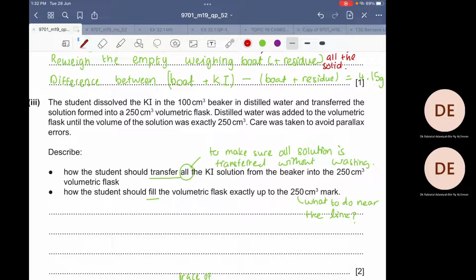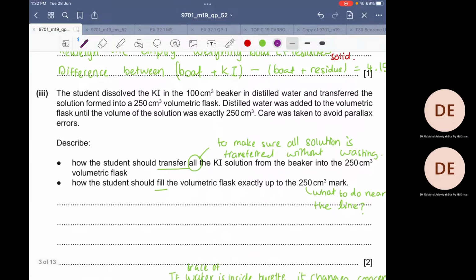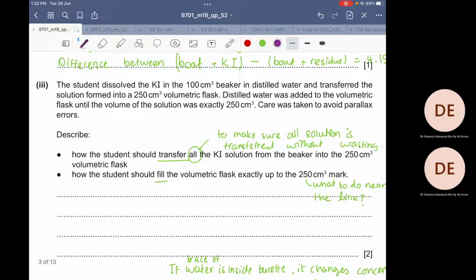To answer that, I will answer the first question first. Wash or rinse the beaker and transfer into the volumetric flask.